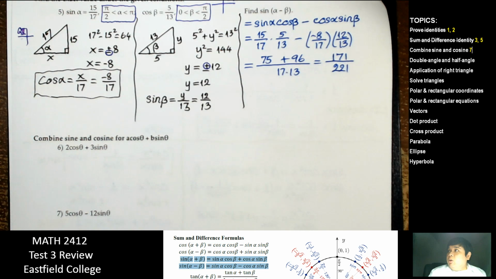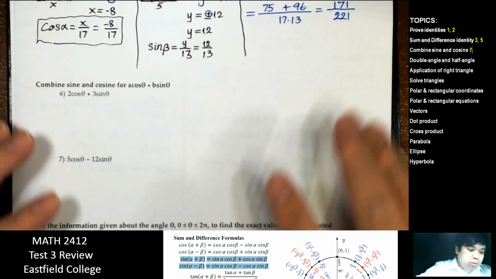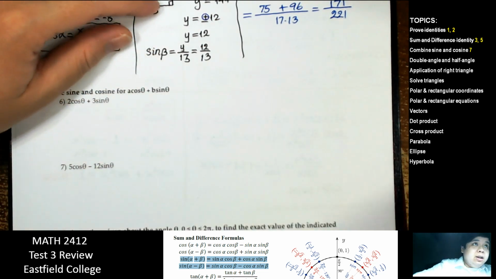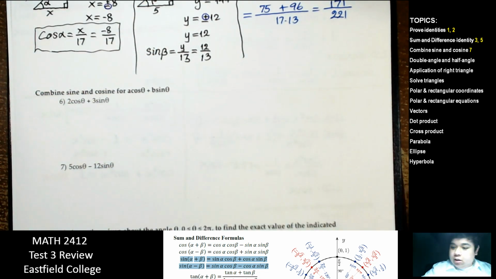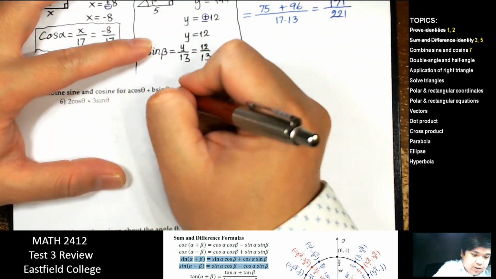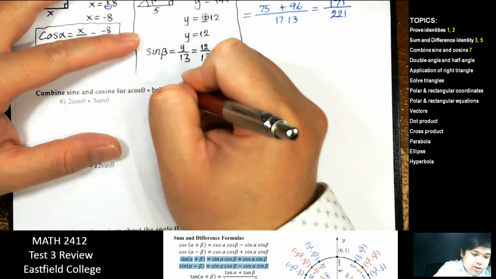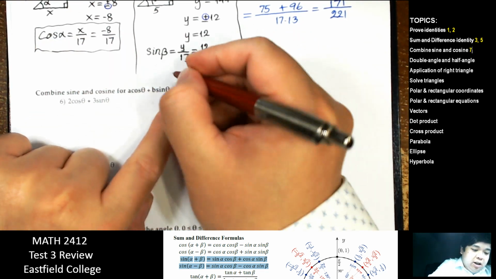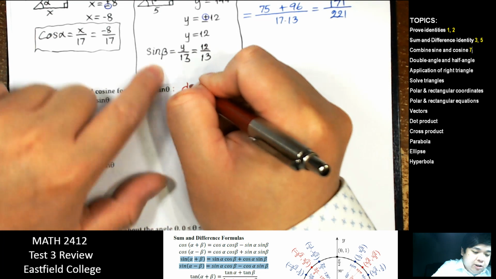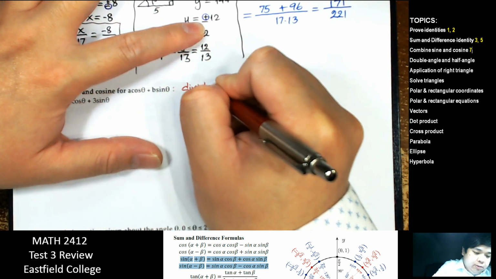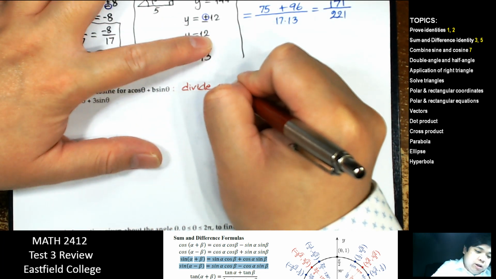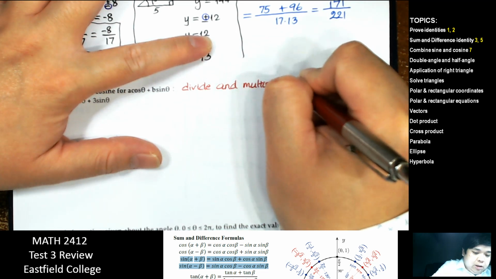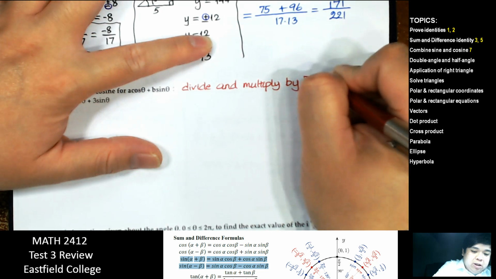Right, I'll look at number 7 here. To combine sine and cosine, to combine this, let me write. To combine sine and cosine of that, divide and multiply by square root of a squared plus b squared.